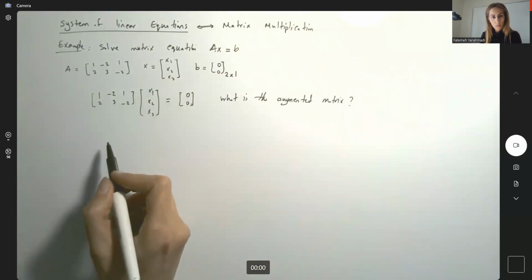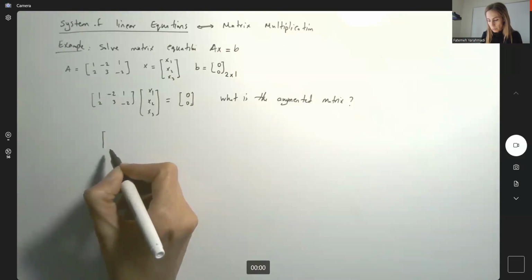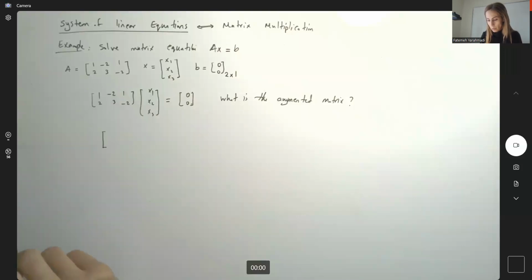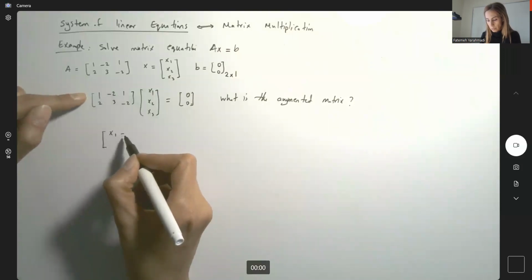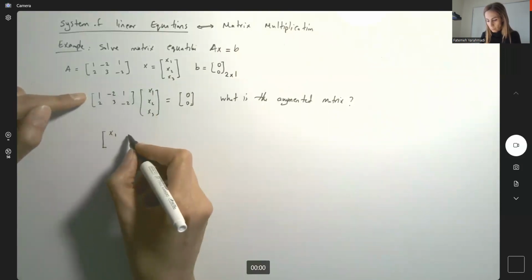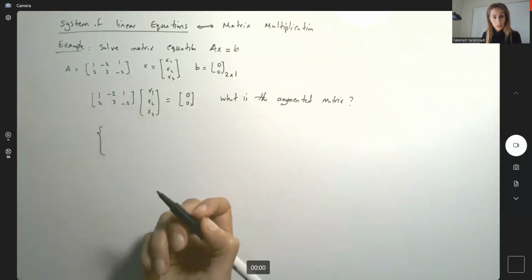Okay, so let's do the multiplication. So you get x1, and here you have minus, so you can convert this into a system of equations.